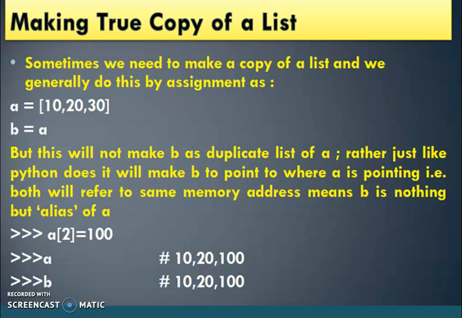That does not create any duplicate elements. So here, A[2] is equal to 100. When you print both A and B, the change will affect both variables A and B.